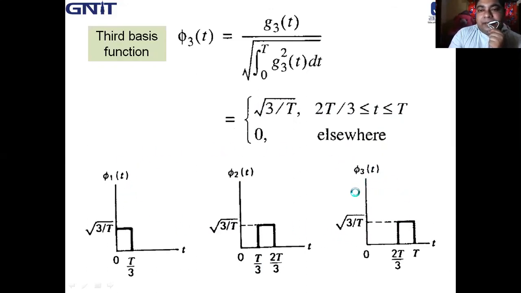In that way, we can easily construct the basis functions using the Gram-Schmidt orthogonalization procedure if the signals are given.